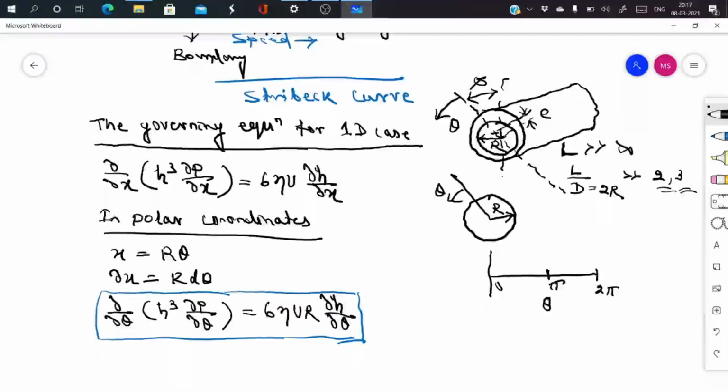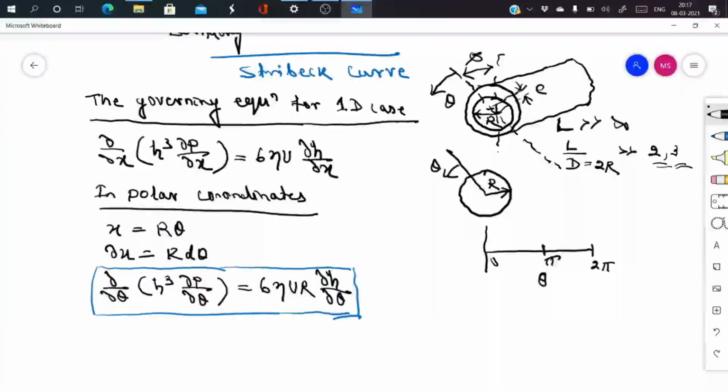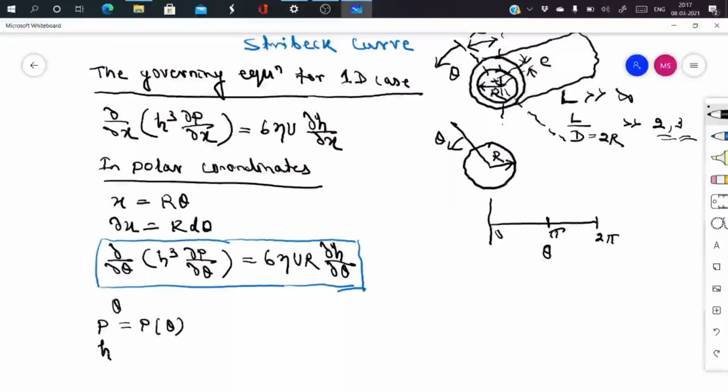Now before solving this equation, we can understand that theta is the reference and P depends on theta. When theta is your basic reference coordinate system, then P equal to P of theta, and similarly H, the film thickness, equal to H of theta.